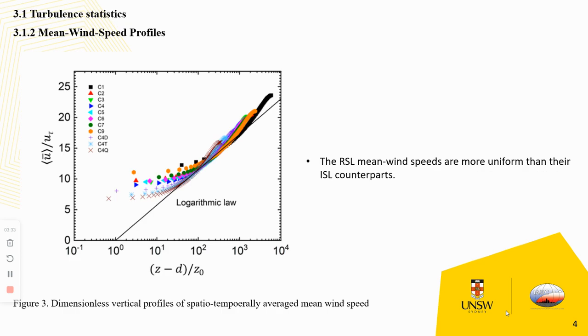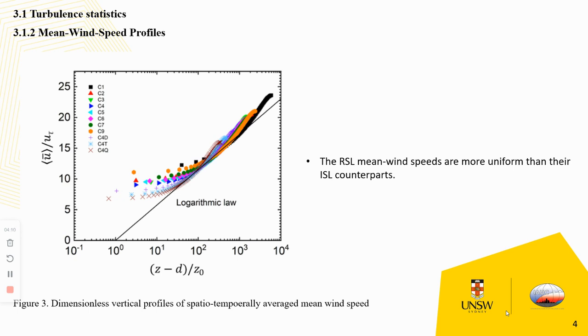And this is the mean wind speed profile of different roughness elements. First, we can see that the conventional log law represents the ISL mean wind speed profile, but in the RSL there is a discrepancy with the conventional log law, so the RSL mean wind speed is more uniform than its ISL counterpart.